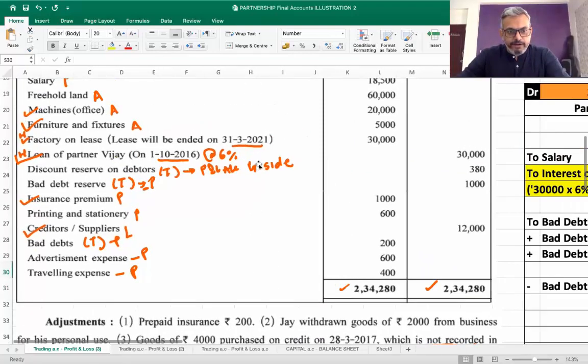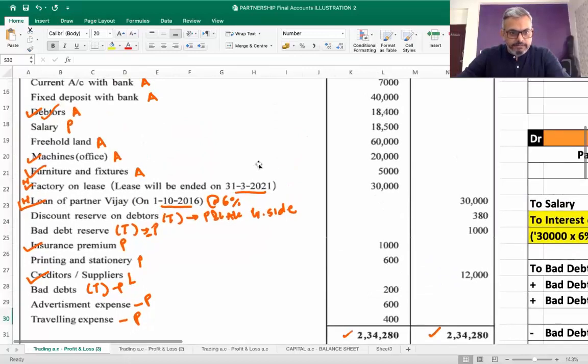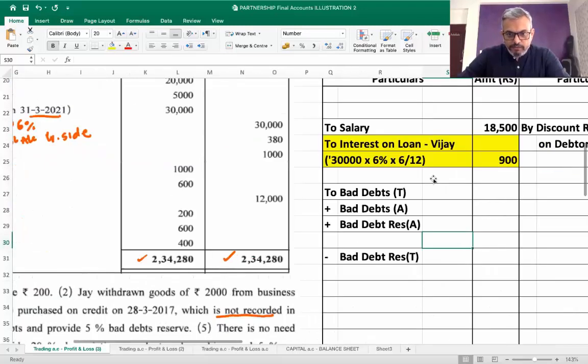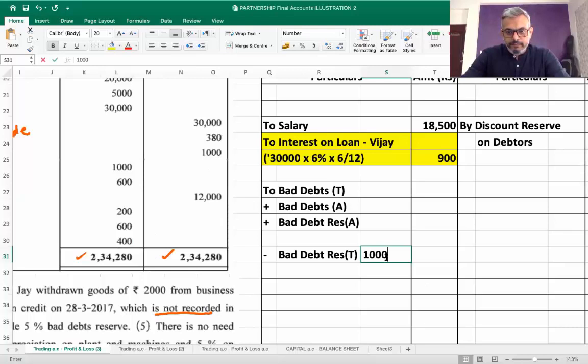Bad debt as per adjustment is later on. Bad debt reserve as per trial balance is 1000. So we write 1000 only.